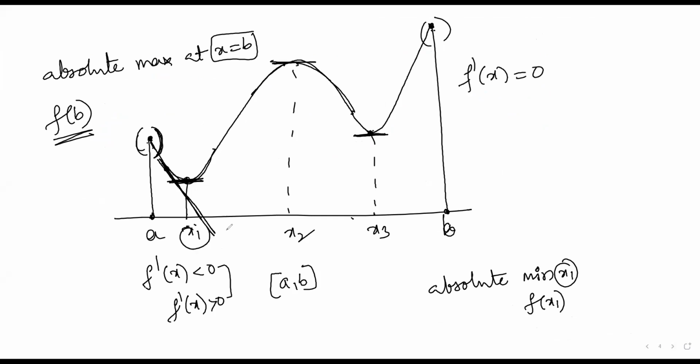You get x1, x2, x3 and end points. Why? Because these are the turning points, yes or no? Then along with that, what you have to check? A and B also you have to check, yes or no?